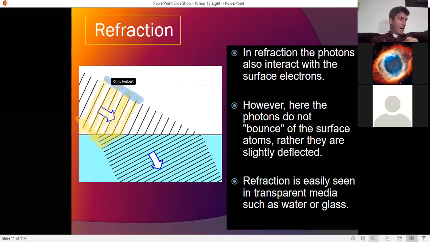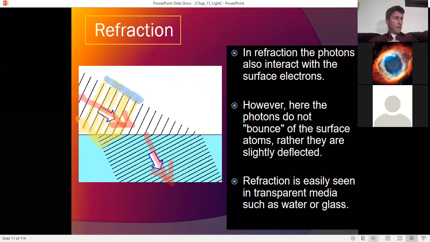So if I'm slowing down the part to sort of the lower left, that turns the direction that the wave is traveling. And now we see that our refracted wave travels in a slightly different direction than our initial wave, okay?